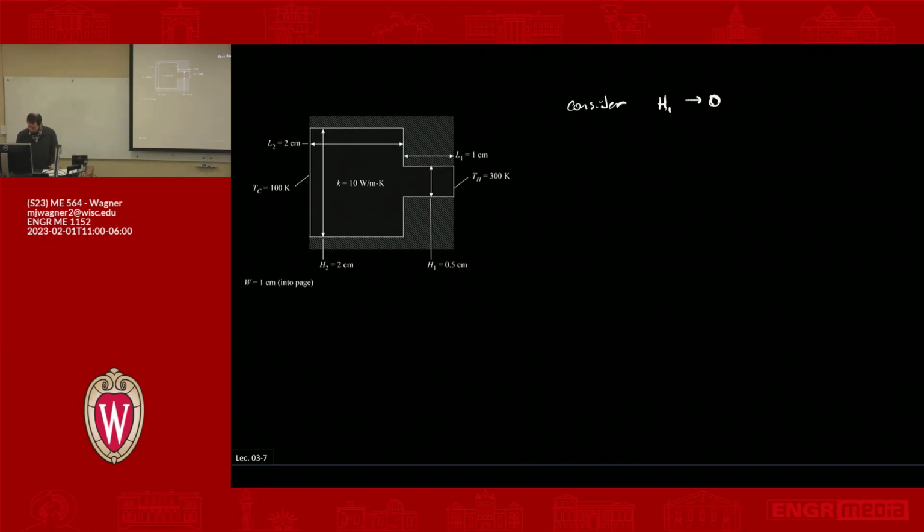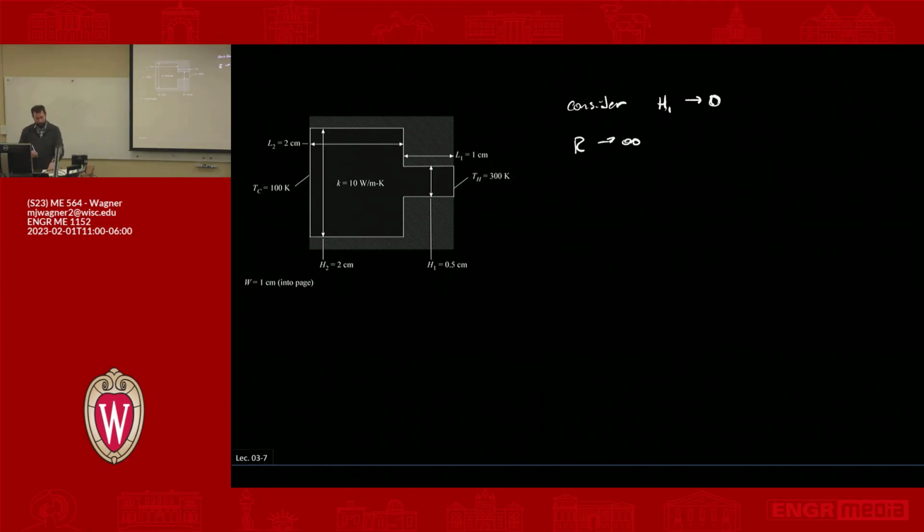Okay, so our actual resistance, we'll just call that R. That's the total resistance from left to right. What happens to the actual total resistance as h1 goes to 0? It increases, but how so? To what limit? Yes. So R goes to infinity, right?